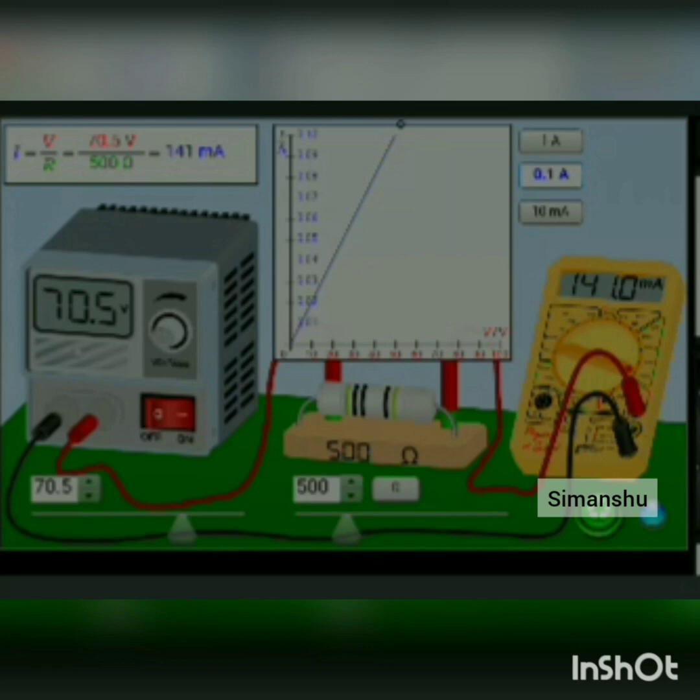When we are changing the value of voltage, the slope of the graph is also changing. Let me show you once again. The graph is given in the middle. So you can see here, according to this, this blue line is the slope of the graph, that is representing resistance.